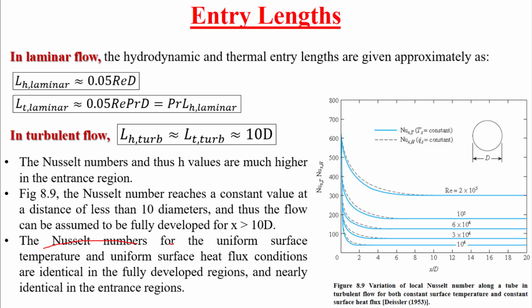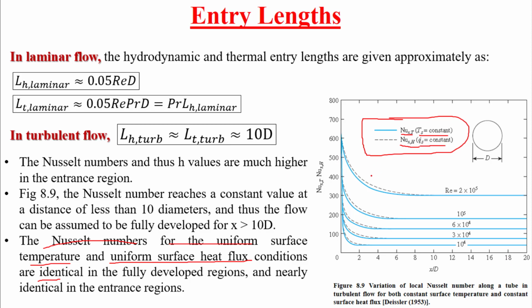The Nusselt numbers for uniform surface temperature and uniform surface heat flux conditions are identical. Here you can see in this legend that this Nusselt number for thermal is measured at constant surface temperature, but the hydrodynamic Nusselt number is measured at constant heat flux.